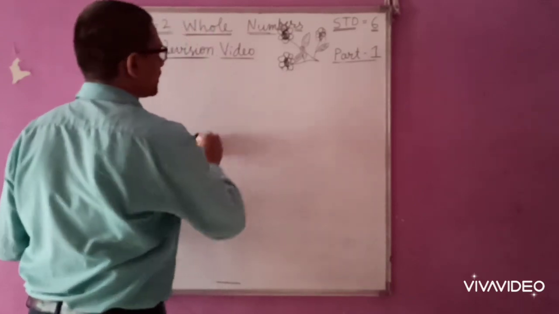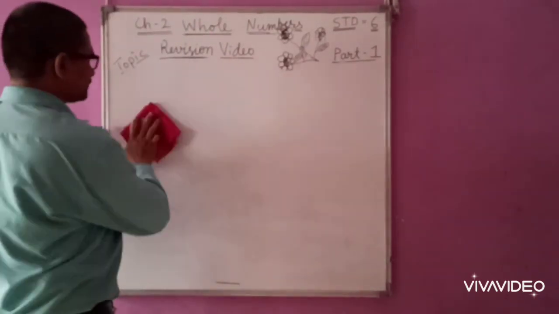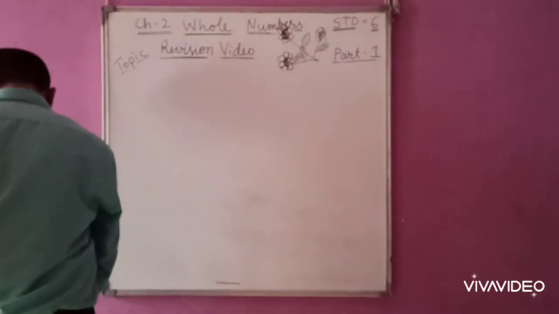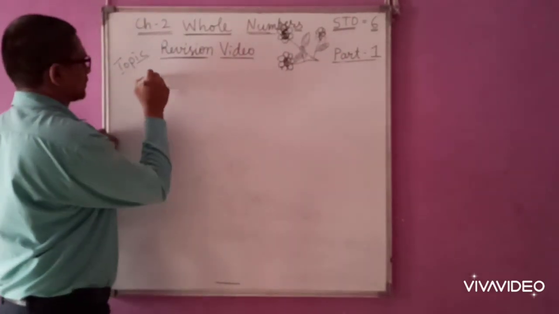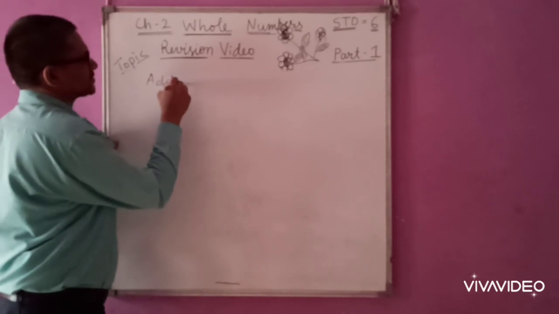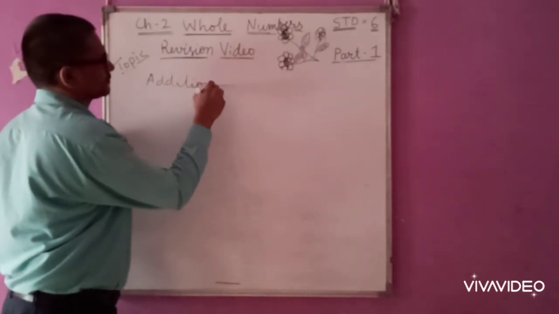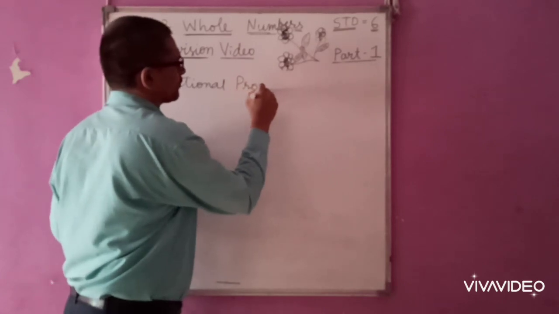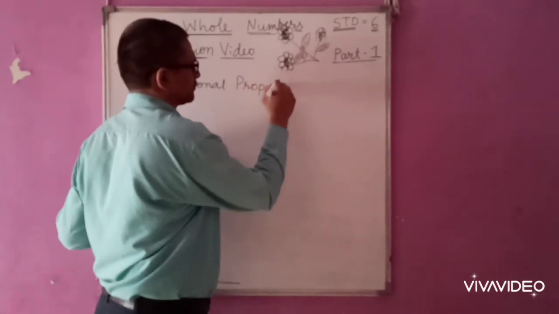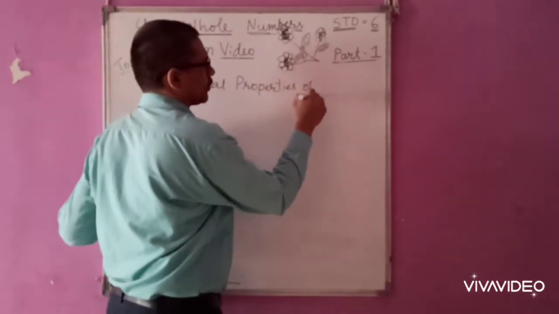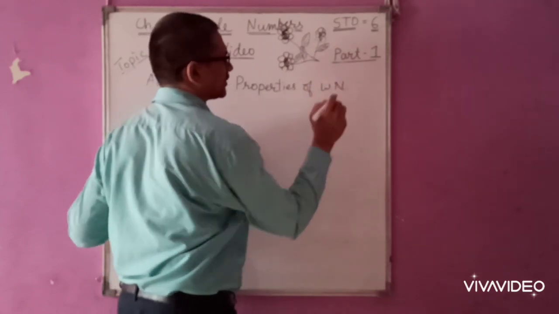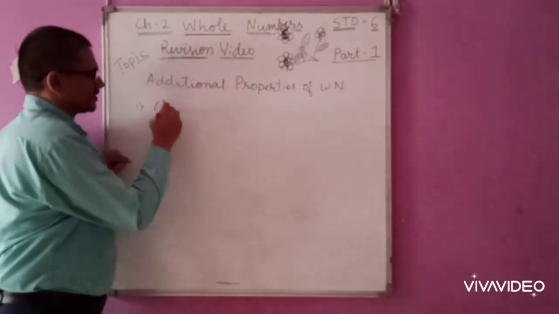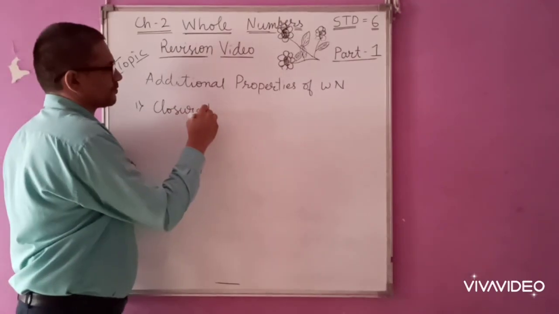So first, the additive properties of whole numbers. So first property, it is closure property.